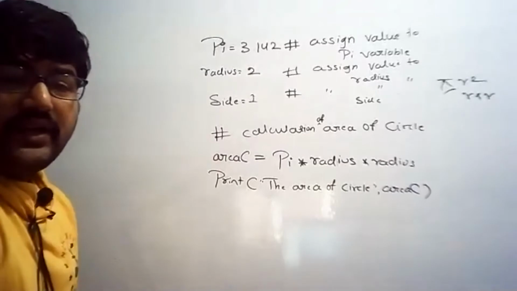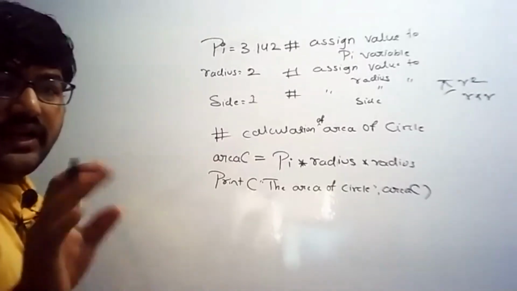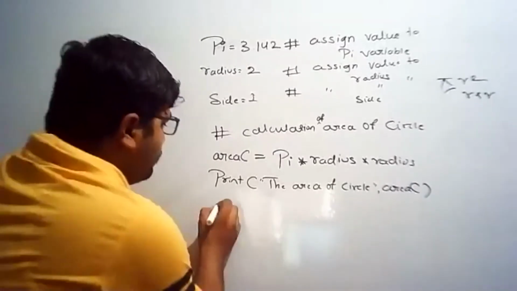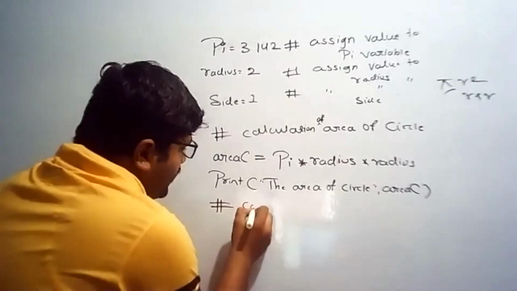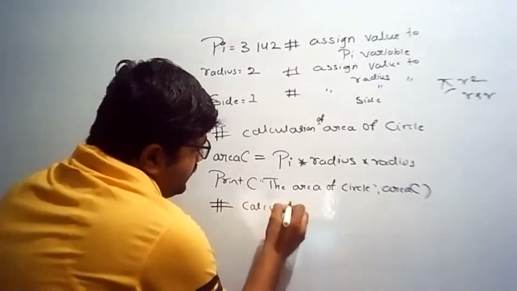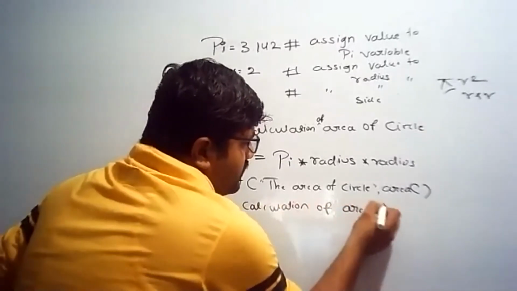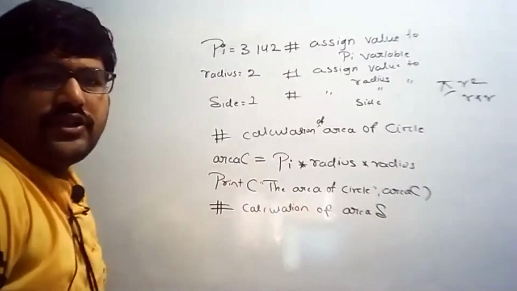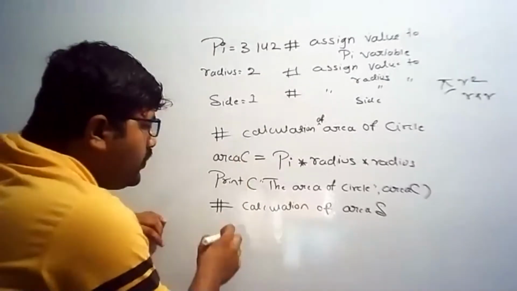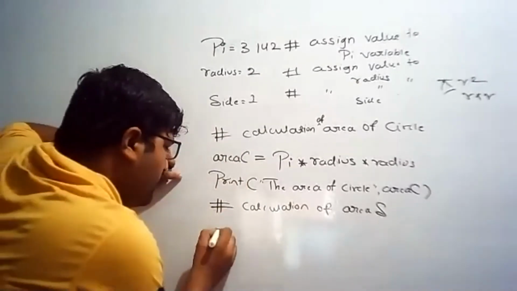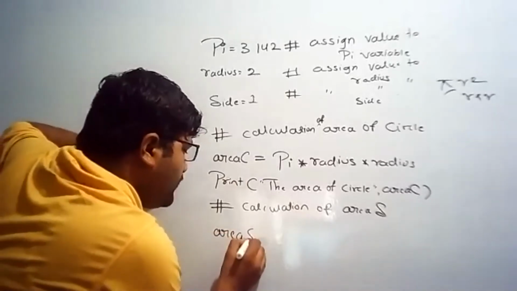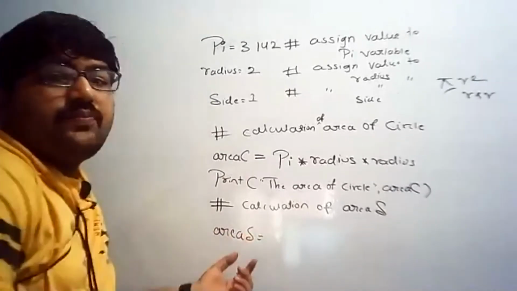So after that I need to do the calculation of area of square. So again I take a variable called area of s, that is square, which represents the square.